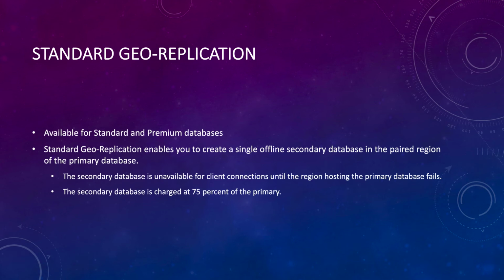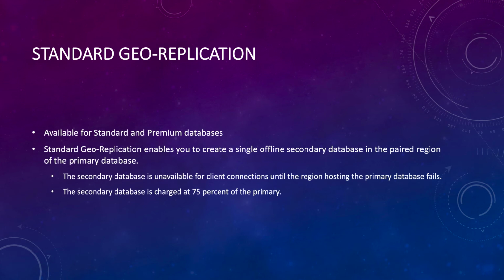The secondary database is unavailable for client connections until the region hosting the primary database fails, and then the secondary database is charged at 75% of the primary, and will then be turned into the primary and charged at 100% of the fee.